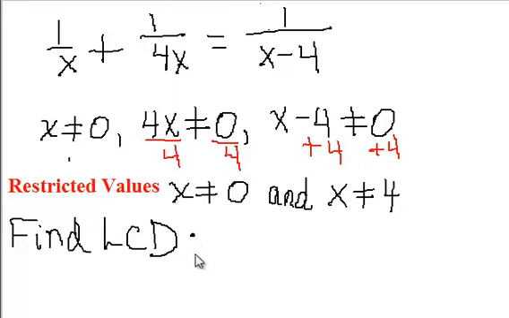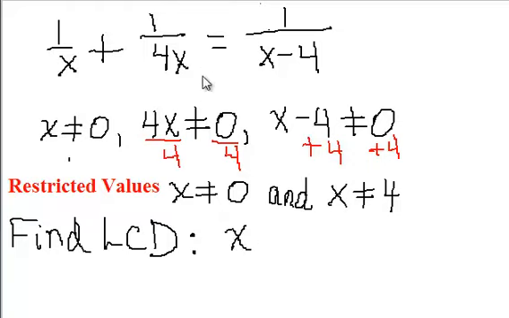So what I'm going to do is begin by writing a product that contains any factor that appears in any denominator, and that factor will have to be raised to the highest power to which it ever appeared. So I notice the first denominator merely has a factor of x in it.